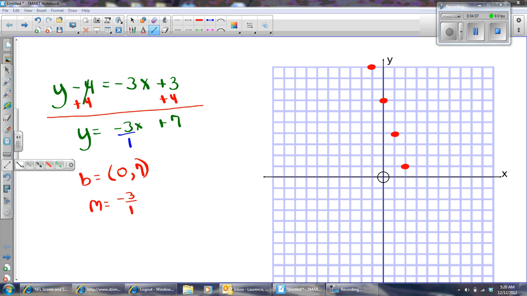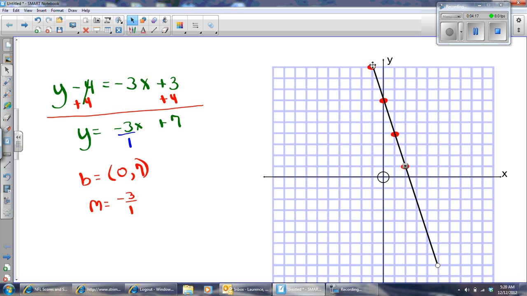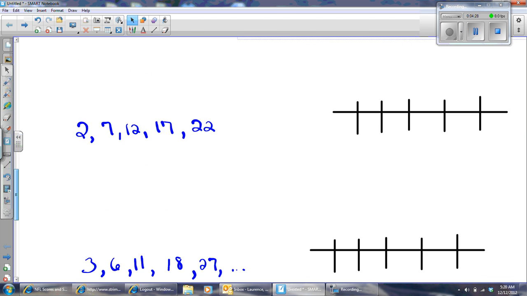And now I'm ready to draw my line. There we go. That looks pretty decent. And I might go ahead and just extend it a little bit further this way. And there you go. All right, so make sure you know how to graph in slope-intercept form.